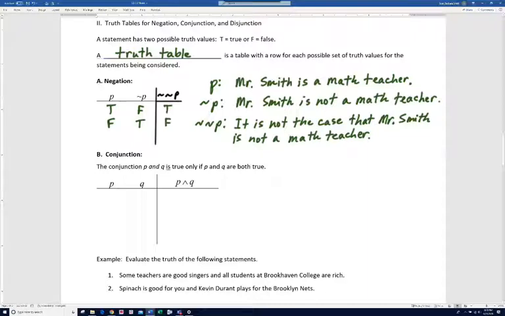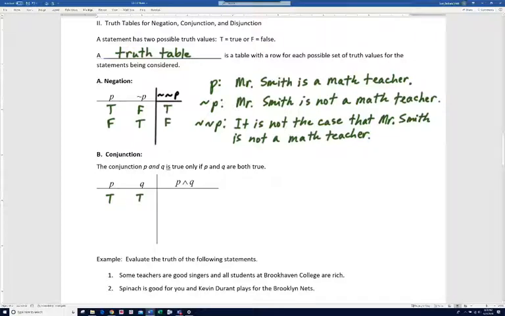The conjunction P and Q is true if and only if P and Q are both true. So when we do a truth table, this is for two statements, P and Q in this case, we're going to start it this way. First of all, P is true and Q is true.